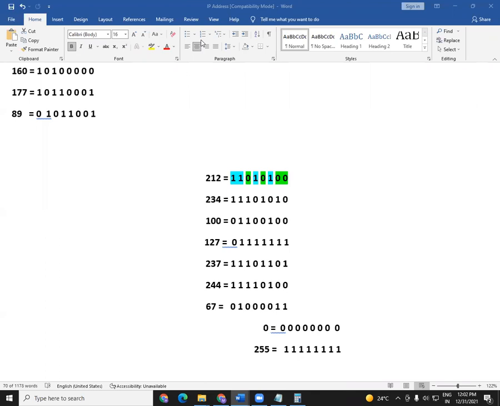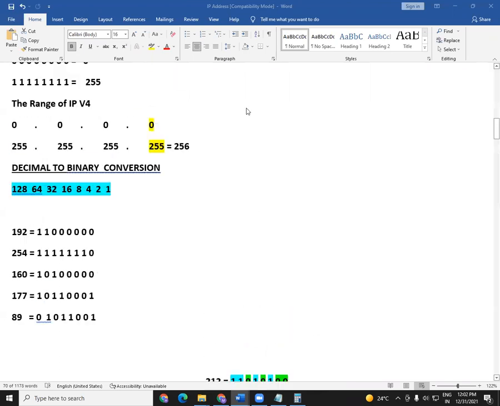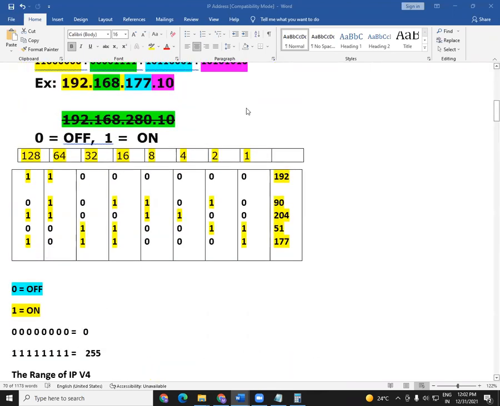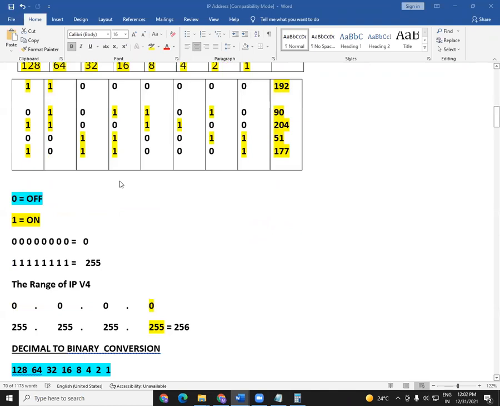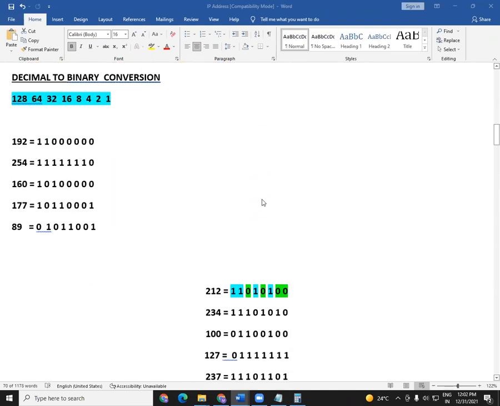But in these 2 days, you can do one favor to yourself. Just take at least 1 hour from your schedule and practice converting binary numbers into decimal and decimal numbers into binary. Take any random binary number, only 8 bits, and do the conversion.